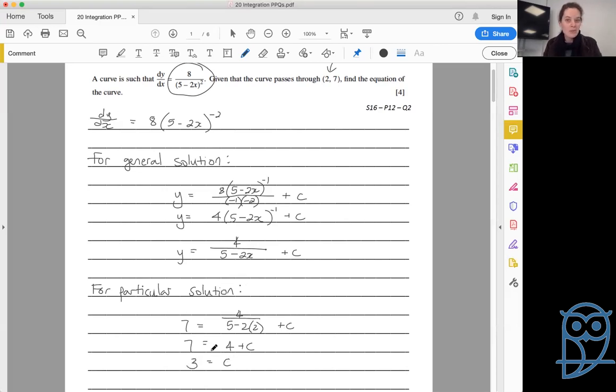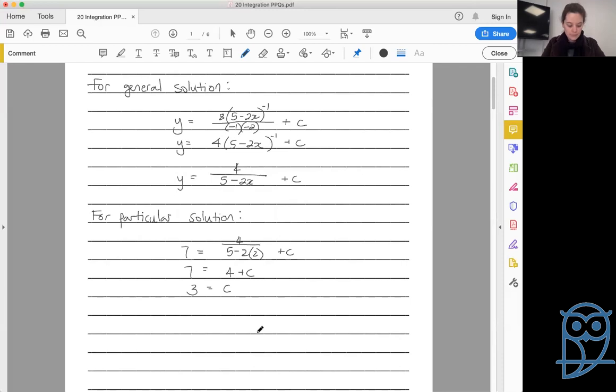And we don't stop there because they didn't ask us what's the value of c. They asked us for the equation of a curve. So our final answer, equation of the curve, is y equals 4 over (5 minus 2x) plus 3.